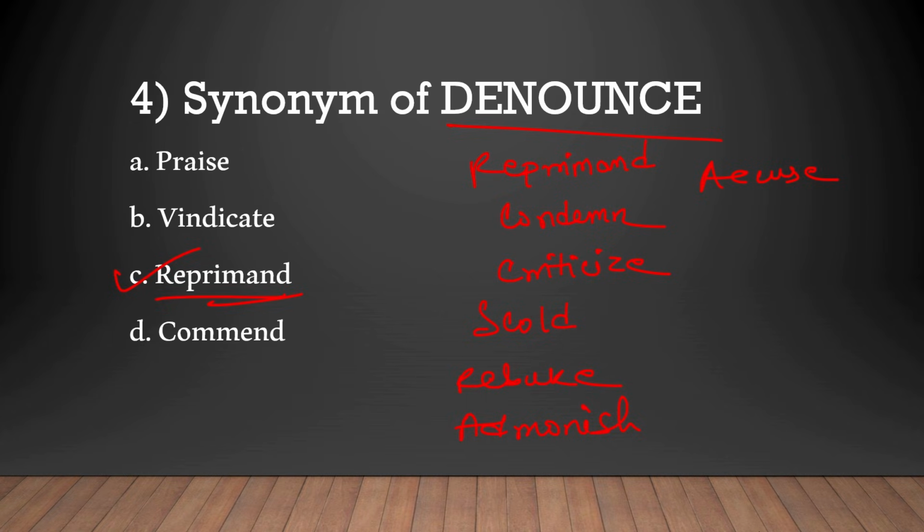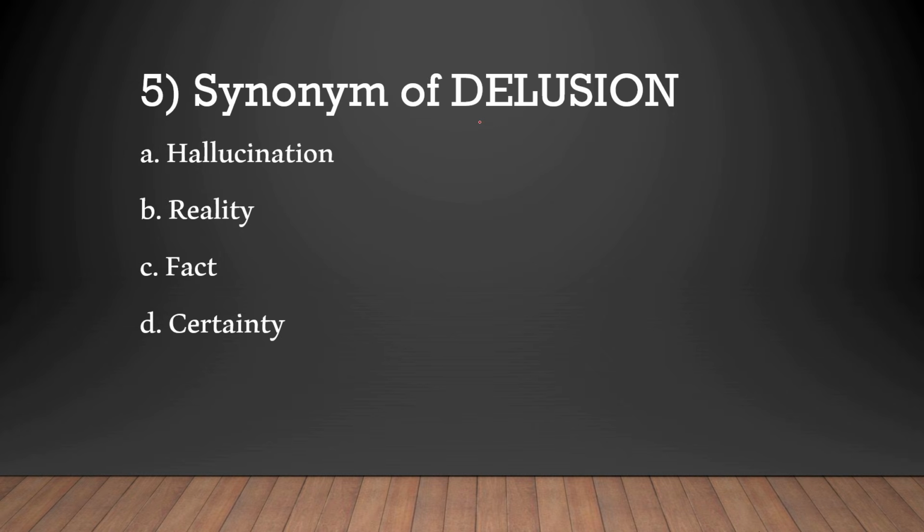Okay, next, synonym of delusion. The word delusion refers to a false belief or mistaken idea that a person strongly believes even when it is not true. Delusion means something which is not true, that is false, one kind of illusion.